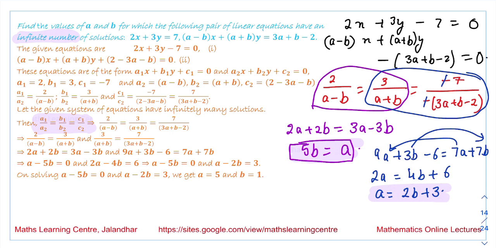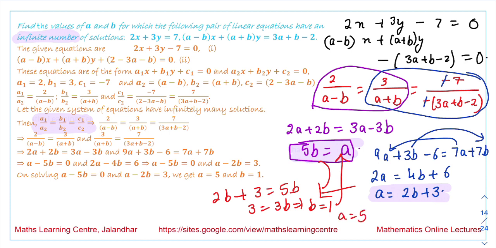So by comparing these two values, we get 2b plus 3 should be equal to 5b, equal to 3b. So this gives us b is equal to 1, and this gives us a is equal to 5.